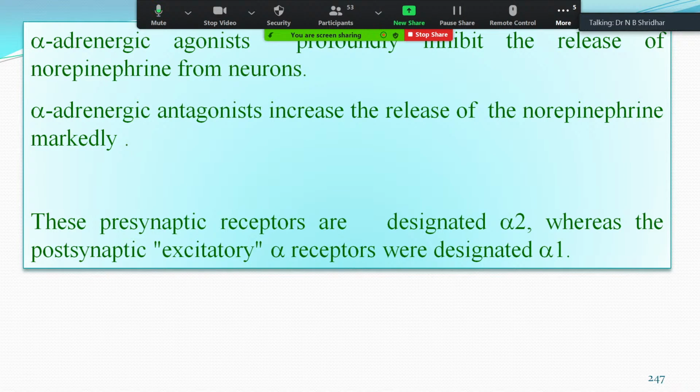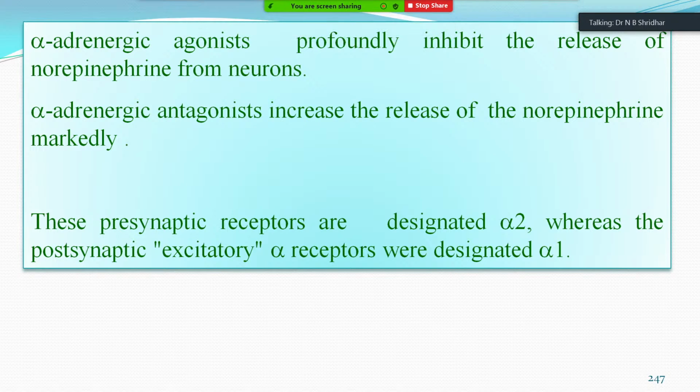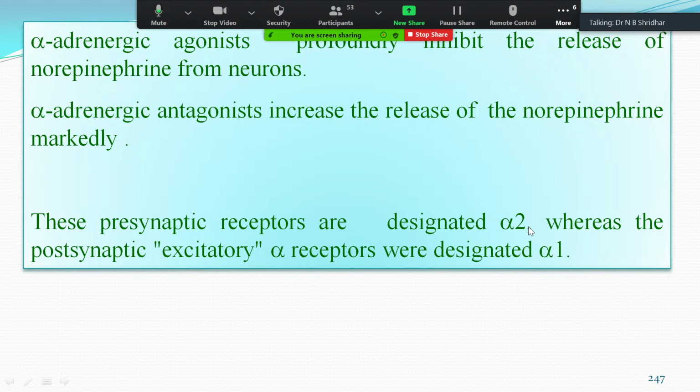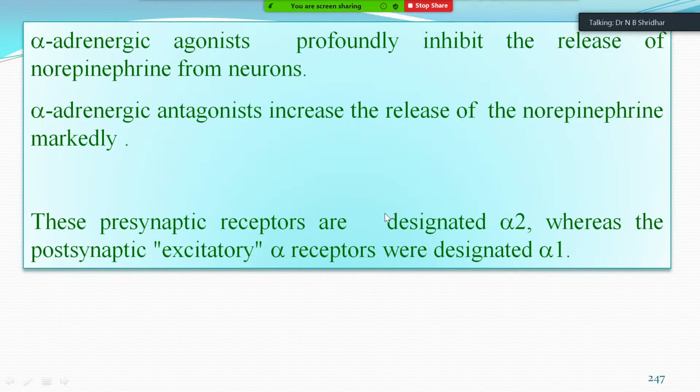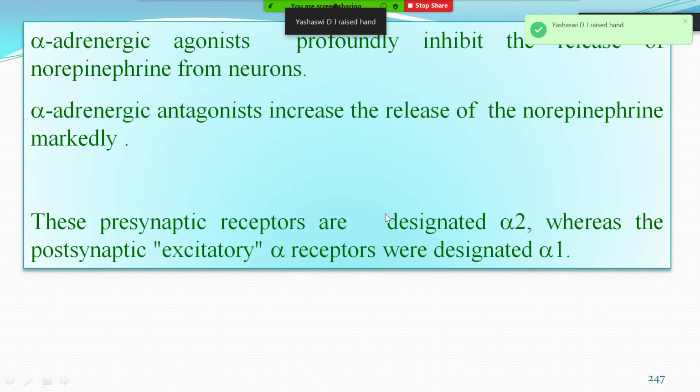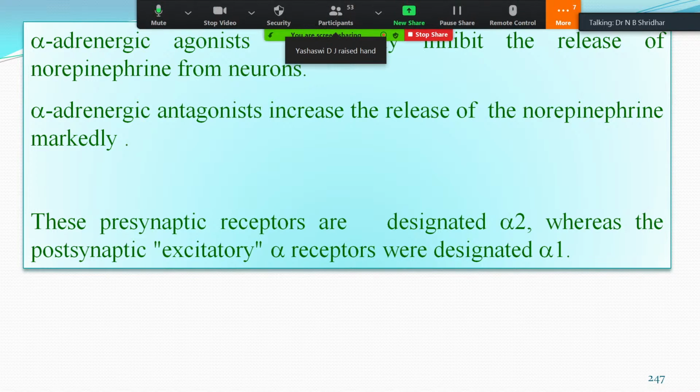Alpha adrenergic antagonists increase the release of norepinephrine, especially acting on alpha 2 receptors, and these presynaptic receptors are designated as alpha 2, whereas the postsynaptic are excitatory and the presynaptic are inhibitory in nature. So the alpha receptors which are excitatory are alpha 1; alpha 2 is inhibitory. That's very well known. Several times we are mentioning the same thing.